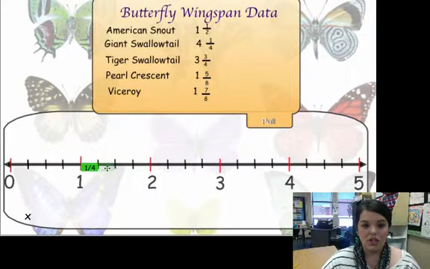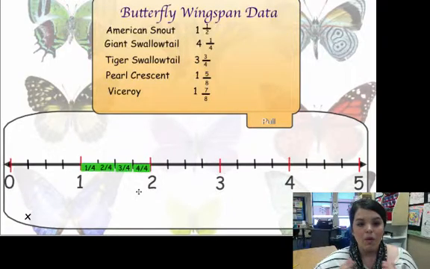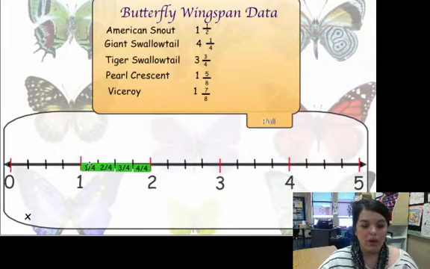So 2 sections would be 2/4, and so on with the 3/4, and finally 4/4, or the whole thing. Well, I know in our work with equivalent fractions that 1/4 plus 1/4 equals 2/4, or the equivalent fraction of 1/2. So when I want to place 1 and 1/2, I'm going to drop my mark right at the 1 inch and 1/2, right there.